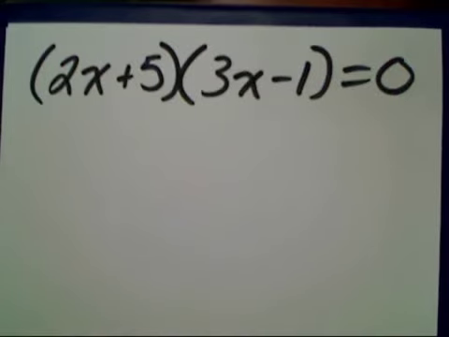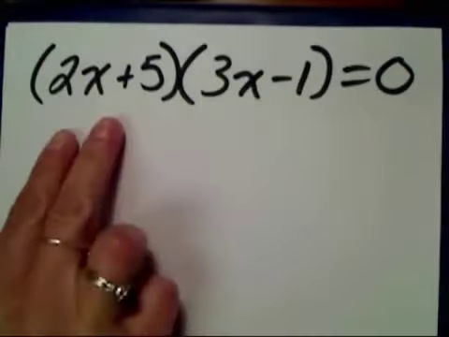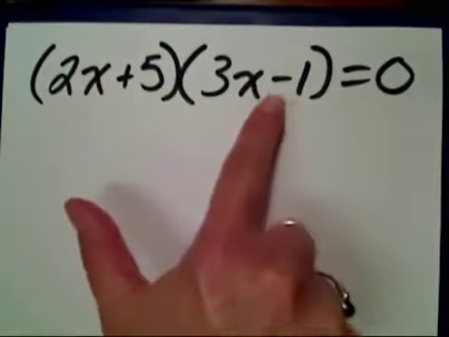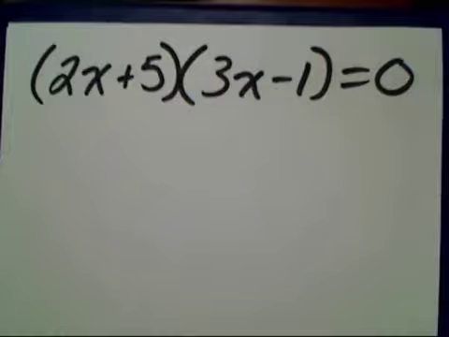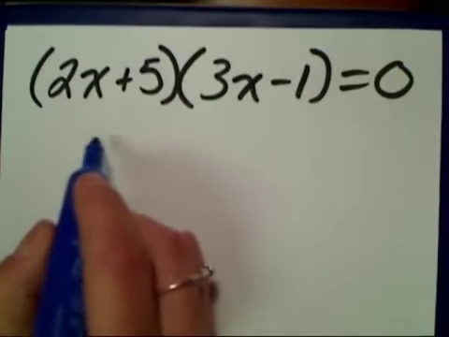Let's try another one. What if I had the quantity of 2x plus 5 times the quantity of 3x minus 1 is equal to 0? Because it's already equal to 0, I'm already in my property form, the zero product property, which states that either the A or the B has to be 0. So once I see that I have a quantity times another quantity equal to 0, I know that I can set the factors.